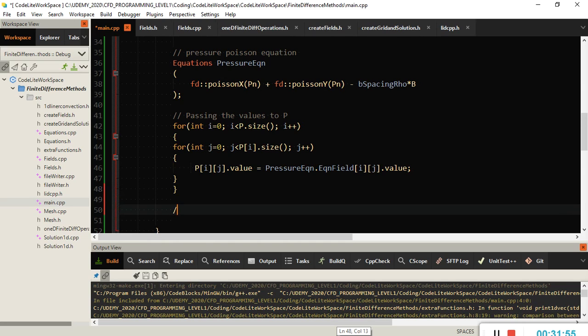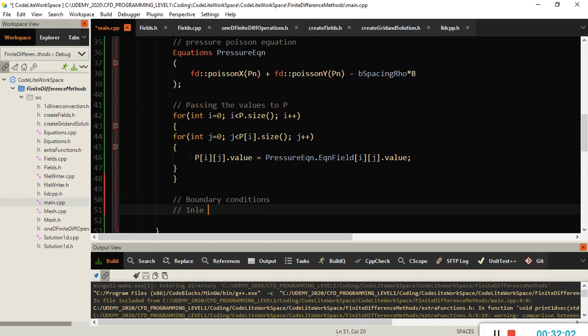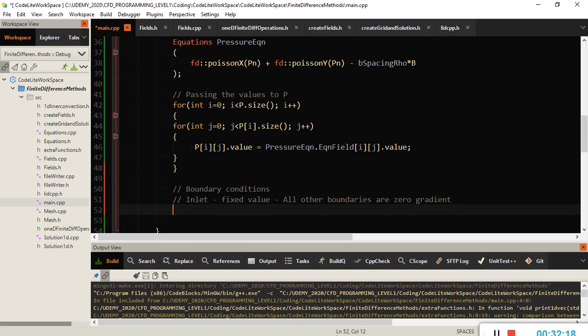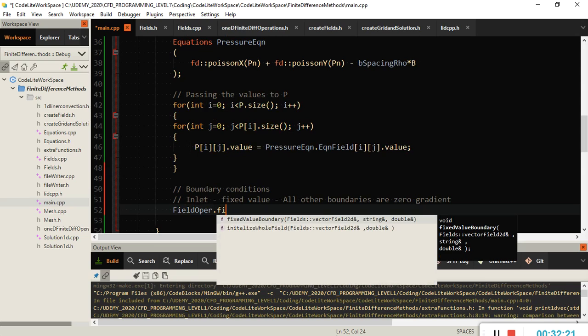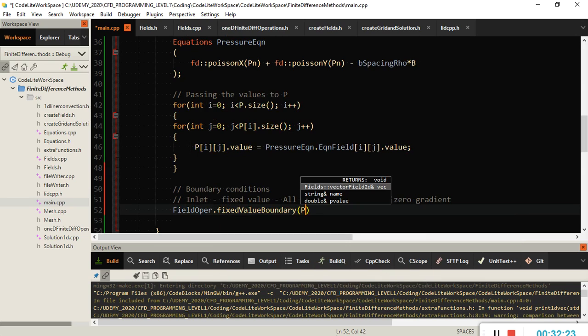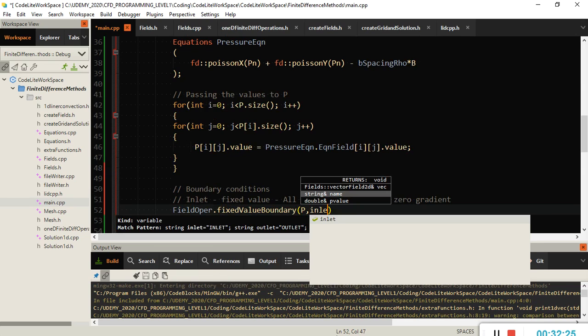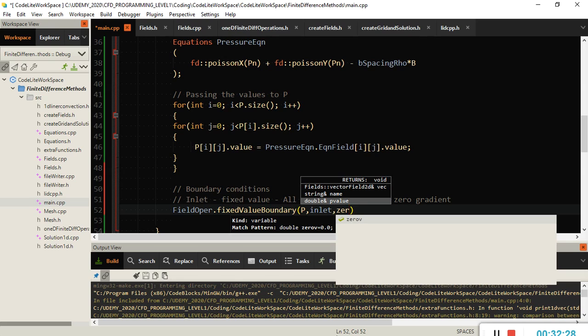Now we move on to the boundary conditions of the pressure. So we said inlet is fixed value, everything, or not everything, maybe all other boundaries are zero gradient. So field upper dot fixed value boundary and p inlet and zero value.